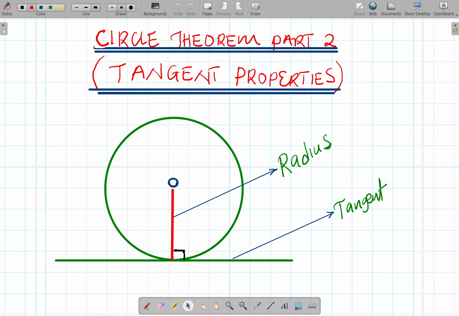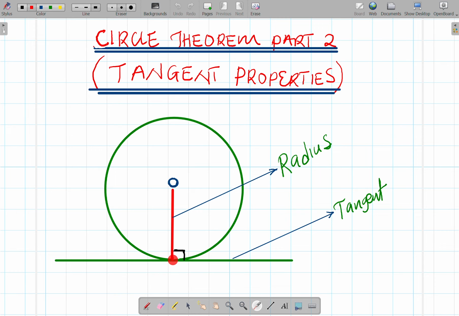Straight into the lesson. So today I'll just concentrate on tangent related properties. Let me make known to you what a tangent is. To those of you who may not know, this line here is called a tangent. Why is it called a tangent? It touches the circle at a single point.